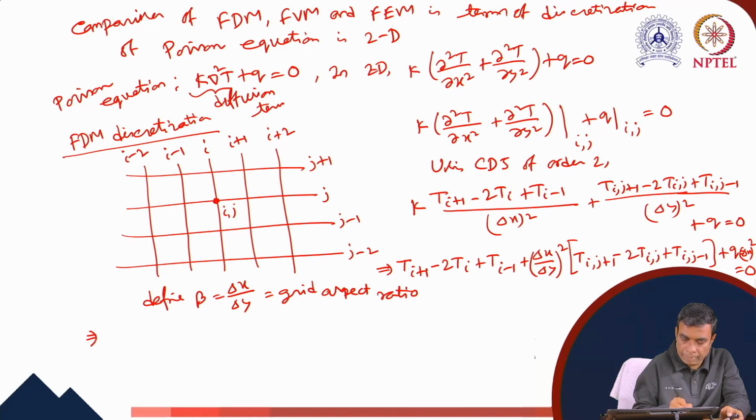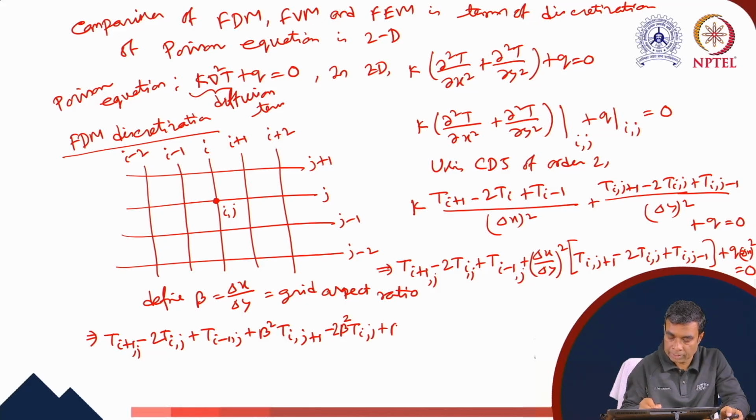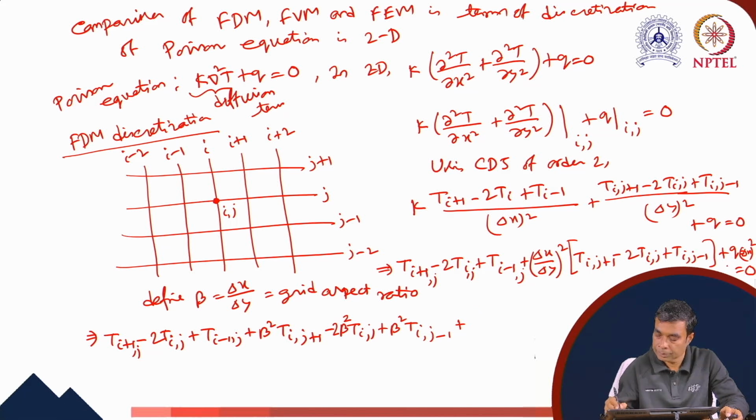Now the equation can be simplified as Ti+1,j minus 2Tij plus Ti-1,j plus beta square Ti,j+1 minus 2 beta square into Tij plus beta square Ti,j-1 plus q by k delta x whole square equals to 0.